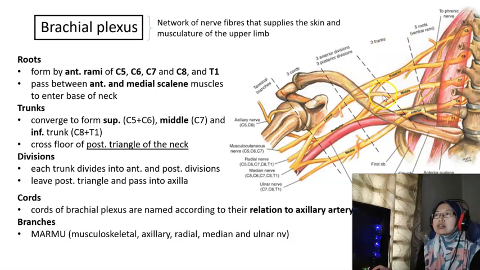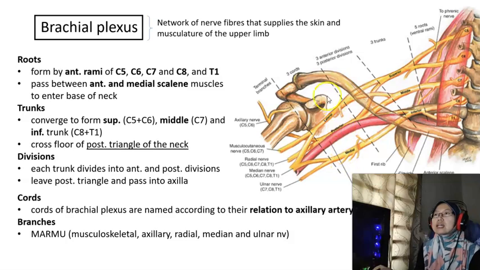Then divide again into anterior and posterior division, from 3 trunks to 6 divisions, 3 anterior divisions, 3 posterior divisions, and then converge again back into lateral, posterior, and medial cord in relation to axillary artery. It is named as lateral, posterior, and medial in relation to its position to axillary artery. Okay, this posterior cord located posterior to axillary artery, this lateral cord located lateral to axillary artery, and so on and so forth.